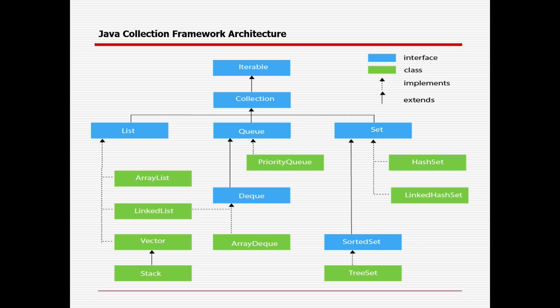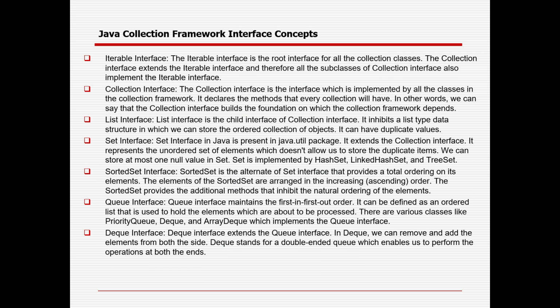So List is the same way: first in first out order, and it can have duplicates. Deque is like it can have operations both ways. Set is any kind of unique value, but there is no order guarantee. Whereas SortedSet will be unique as well as in ascending order.